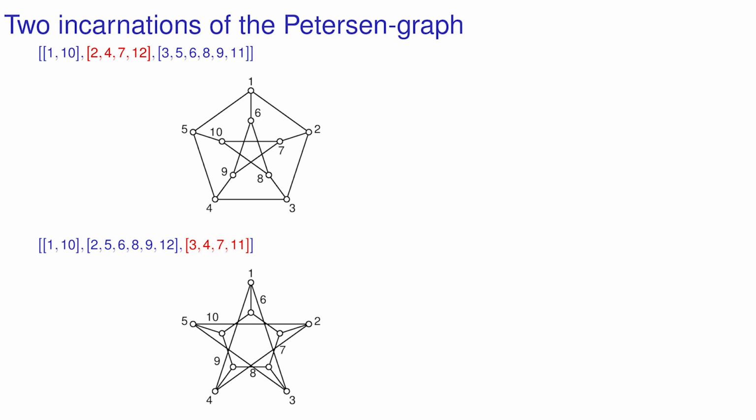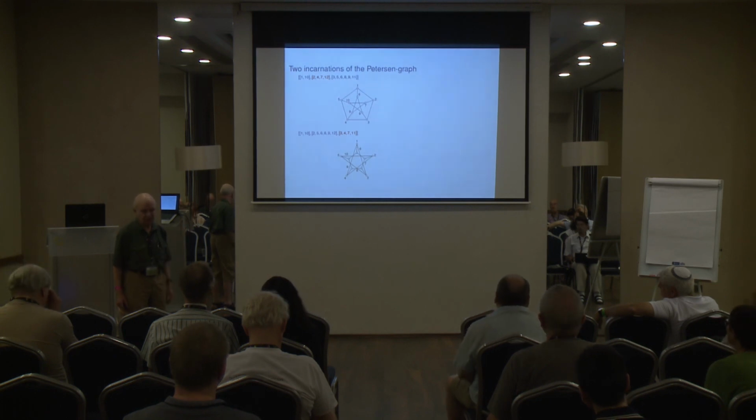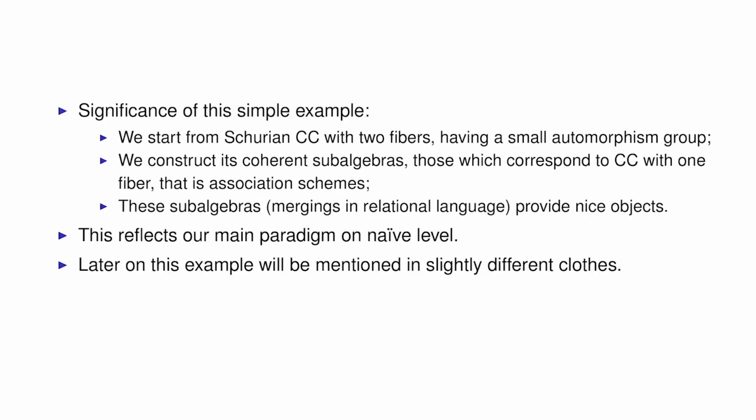These are 2 incarnations of the Petersen graph. The first Petersen graph is well known, everybody knows this copy. But there is another copy, I would say a hidden copy of the Petersen graph, this one. Even in this small example, if we take a person and ask him which copies of the Petersen graph can be constructed from this set of relations, it is not immediately evident. And the advantage of COCO is that it does this in a few seconds, and we get a reply automatically. Okay.